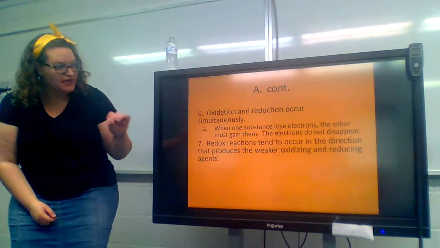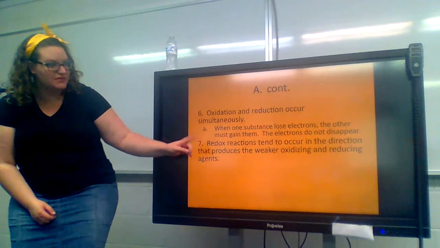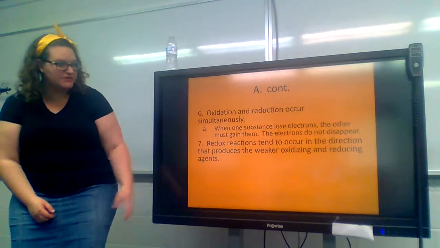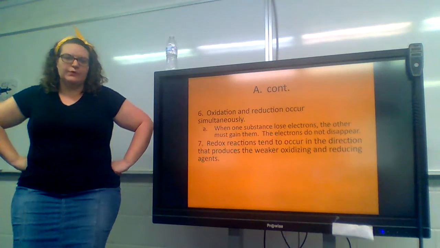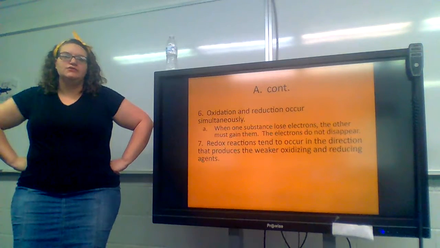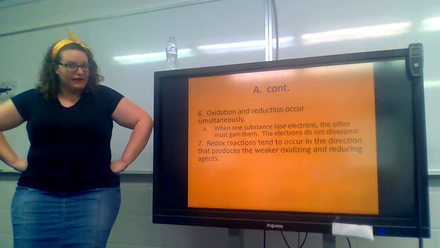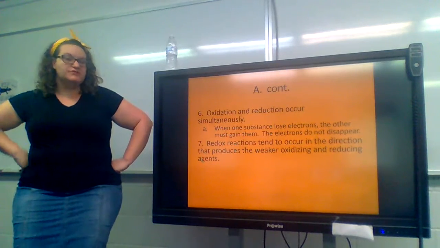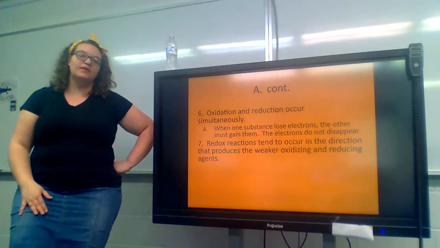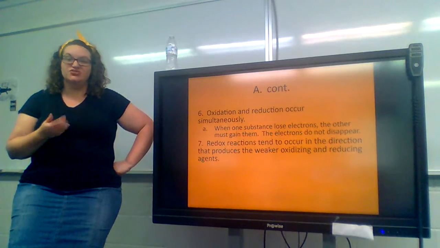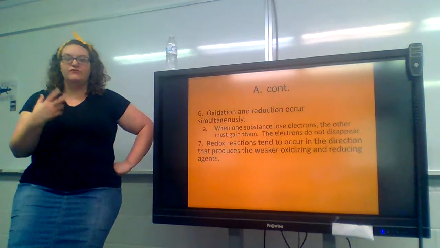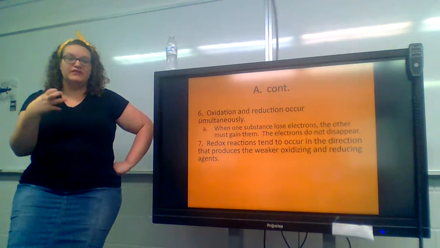Redox reactions tend to occur in the direction that produces the weaker oxidizing and reducing agents. So, think about yourself here. You tend to like the path of least resistance, right? You tend to like the thing that is going to use the least amount of your energy. That's just human nature. We tend to look for the easy route.